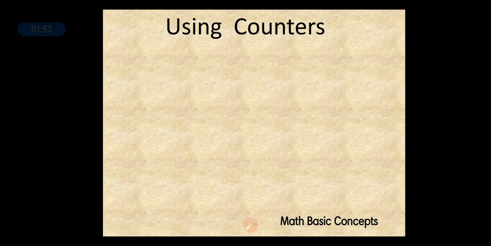Now to understand the multiplication of integers we will take the help of counters. Let's multiply positive 3 and positive 2, or in general we say plus 3 and plus 2. For this let's take two counters, yellow and red. Yellow is positive and red is negative.